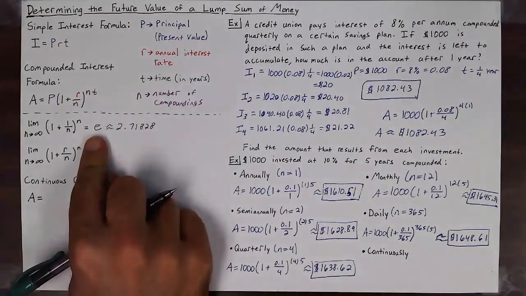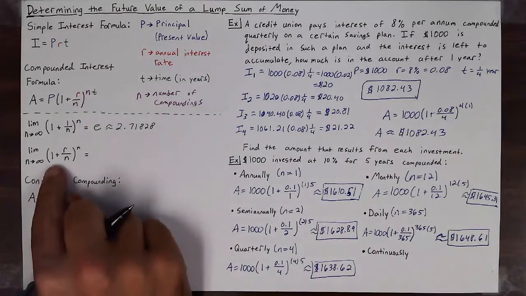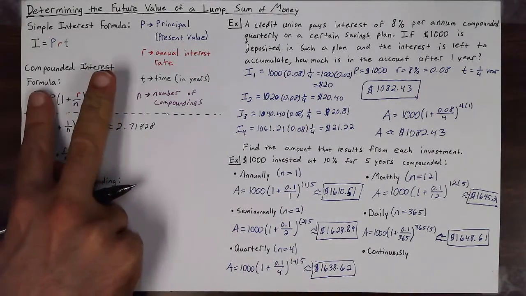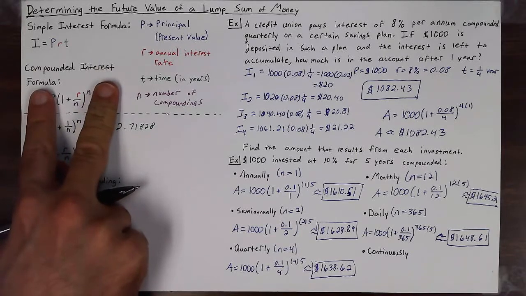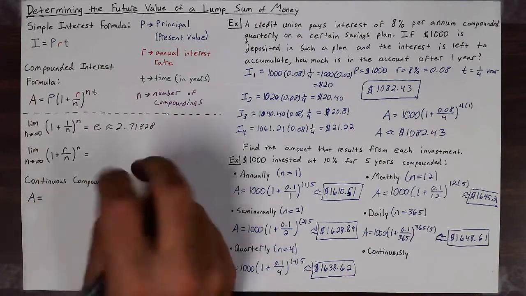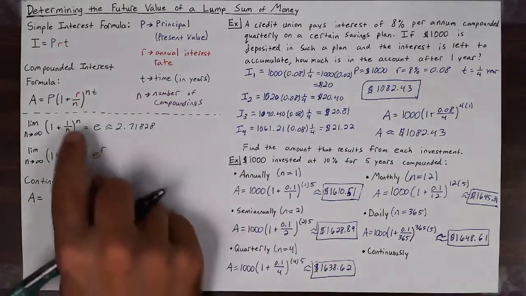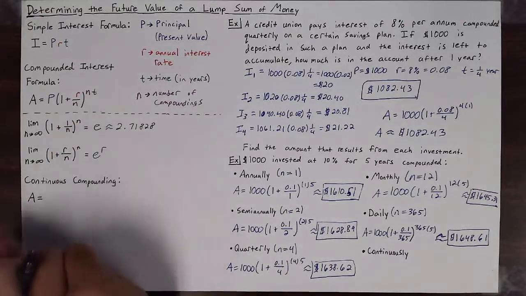But that's just the letter e. And if we look at that entire formula, and just take away the principal and the time, look at 1 plus r over n to the n, that expression is equal to, if you just replace the 1 with an r, e to the r power. So essentially, if you put 1 in for r, you would just get e.